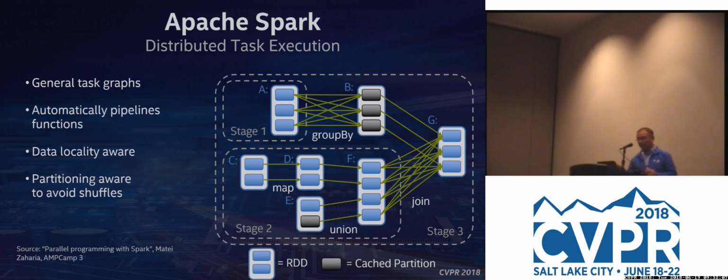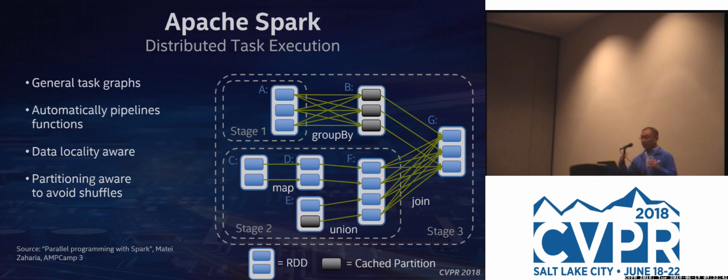It's actually seven RDDs in this picture, and in each RDD, the data is partitioned into disjoint sets. A Spark job is essentially represented as a general computation graph, a DAG, where each node is an RDD, and the edges between those RDDs are transformations, whether it's a group by operation or a map operation and so on.